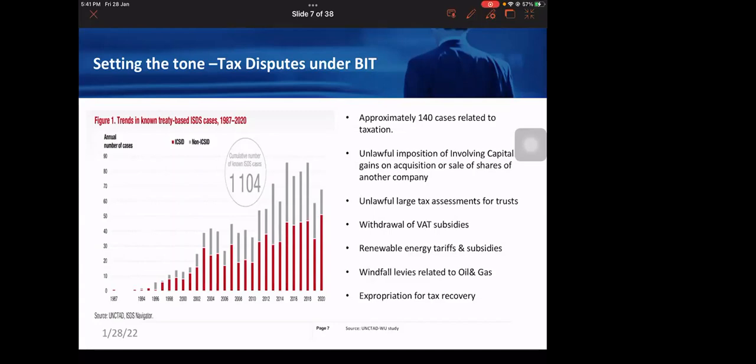But having said that, from a tax standpoint, we have had almost 150 cases. You can see on the screen, as per the last UNCTAD survey, the inventory as of 31st December 2020 amounts to around 1,000 odd cases in investor-state dispute settlement, the ISDS cases under bilateral investment treaties, out of which almost 40 cases pertain to taxation.